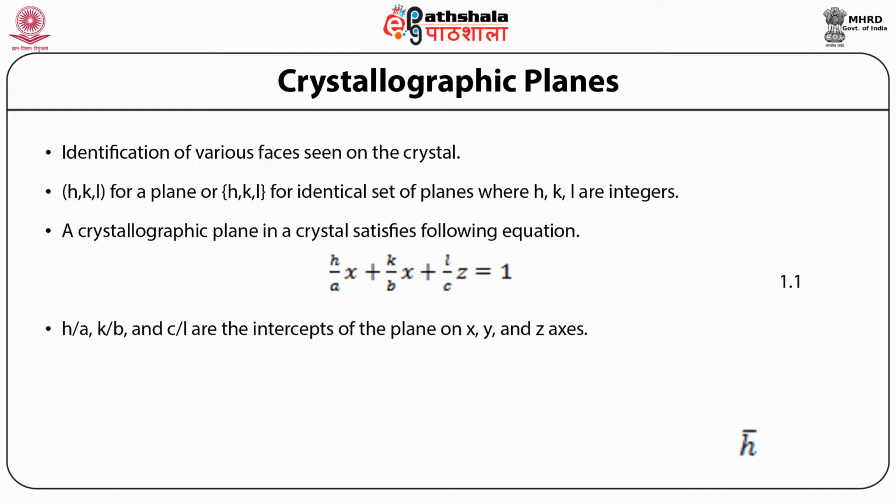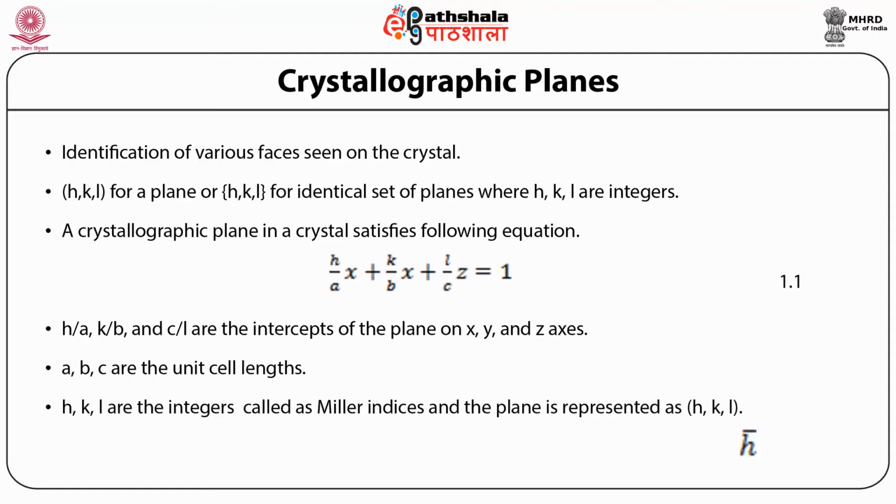Here a/h, b/k and c/l are the intercepts of the plane on the x, y and z axes, where a, b, c are the unit cell lengths and h, k, l are integers, called Miller indices, and the plane is represented by hkl in curly brackets.